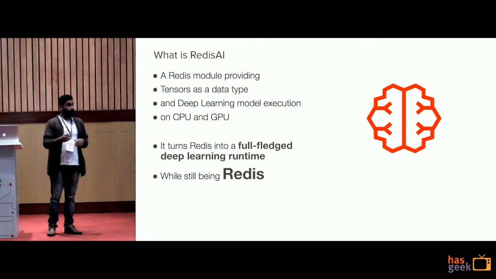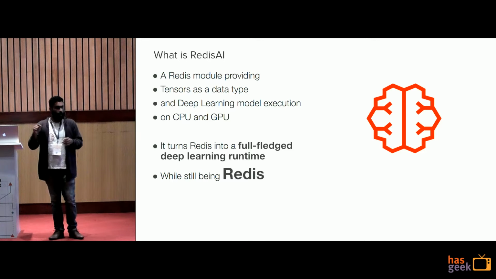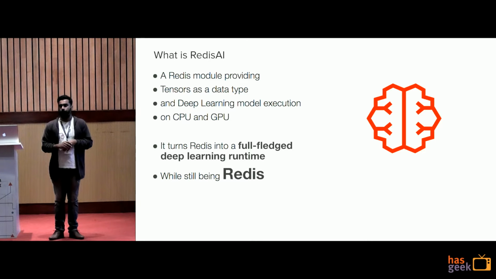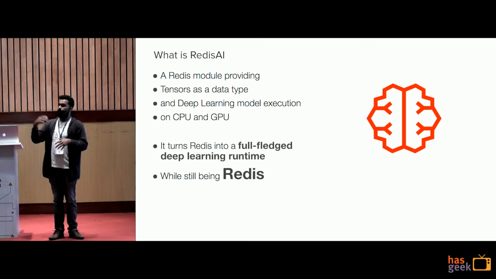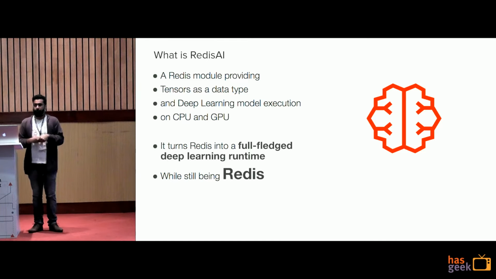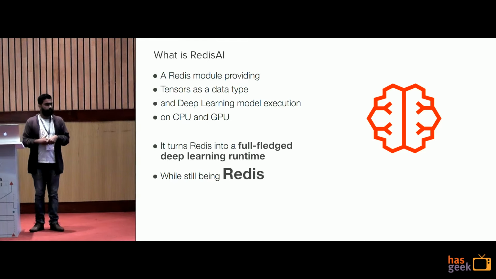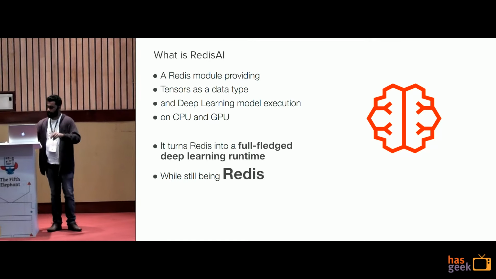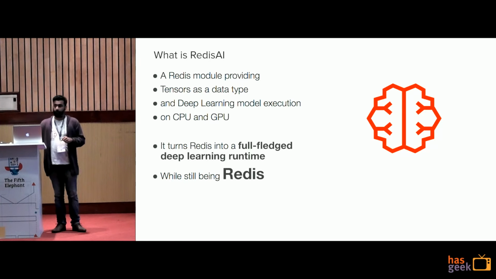So RedisAI is basically turning your Redis database into a fully fledged deep learning runtime. And you don't really have to worry about installing a database for running your production runtime or your models, because Redis is an extremely lightweight process. So it's not going to eat up your resources. So basically it converts your database to a fully fledged deep learning runtime while still being Redis.